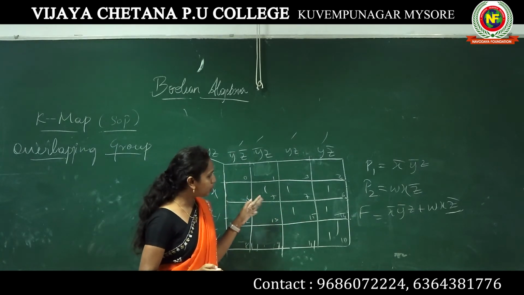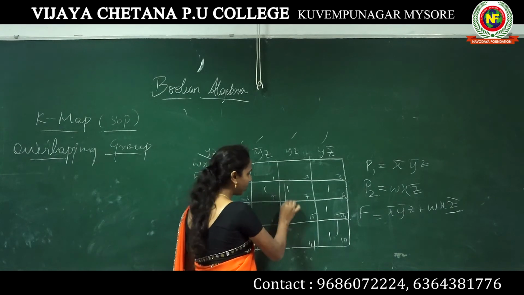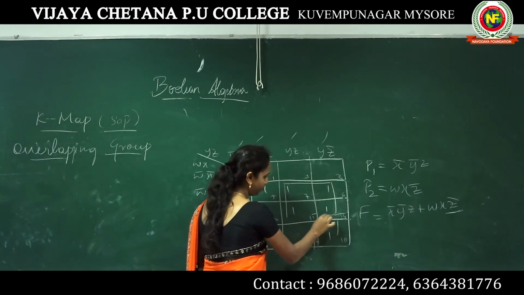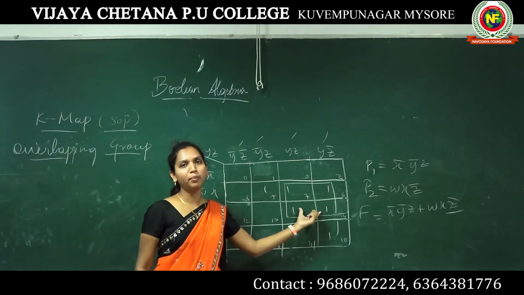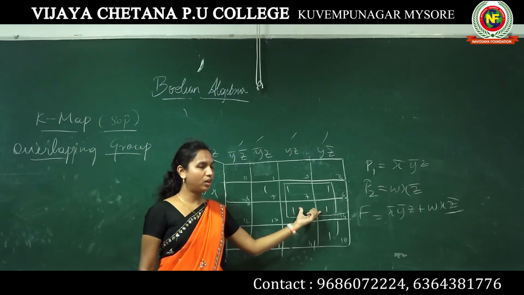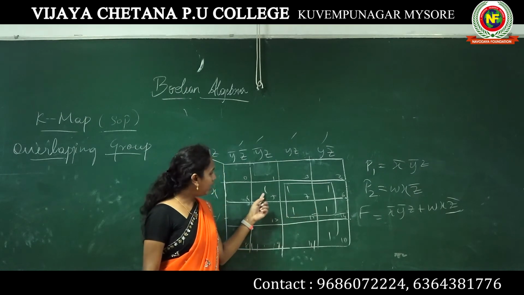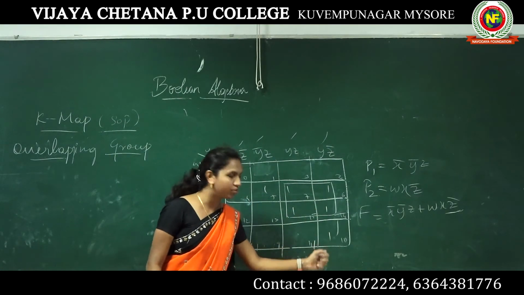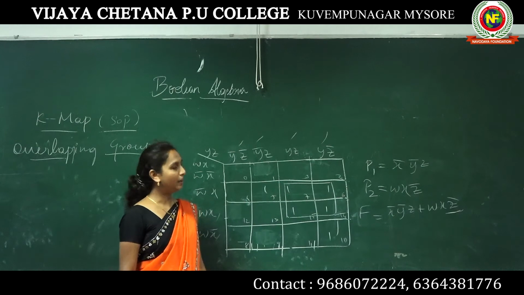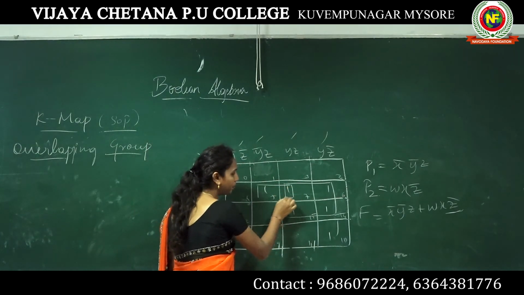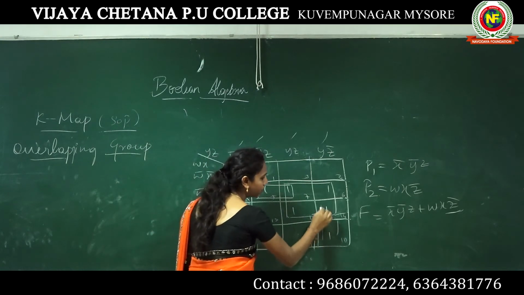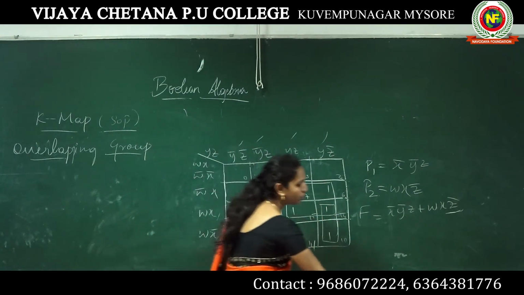But we have the possibility to make one quad here because 4 ones are together. So with 4 ones together you can make one quad. Here we are left with one 1, again left with one 1. Right? Now what will you do? This can become a pair, and again this can become a pair. These two have the chance to become pairs.